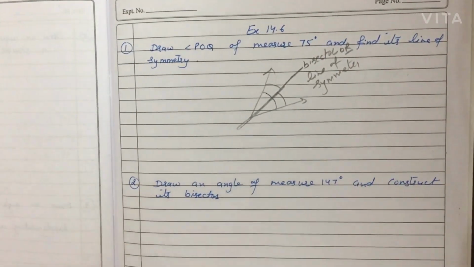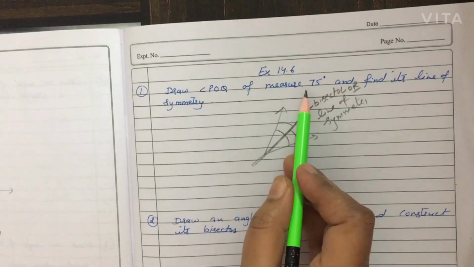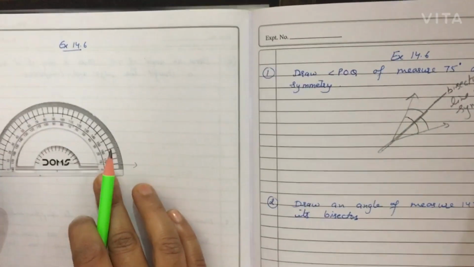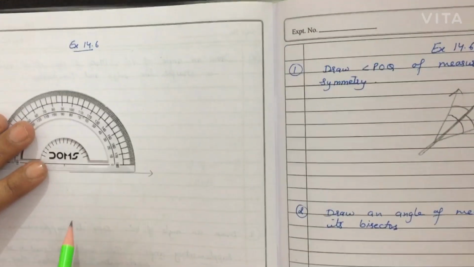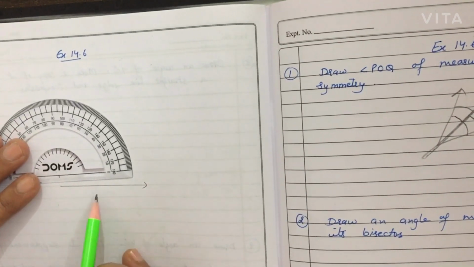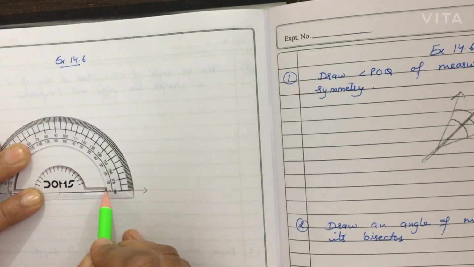First, if we are drawing an angle of 75 degrees, we will use a protractor to draw it. Keep your center point at the vertex and this line on the ray. So we will make the angle of 75.